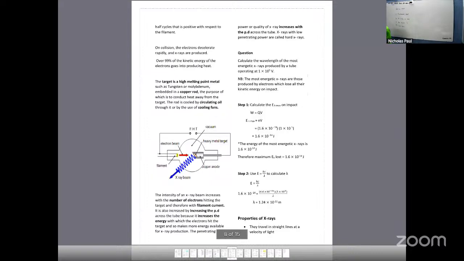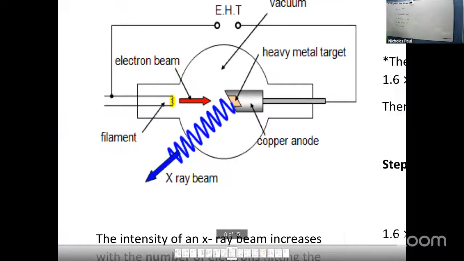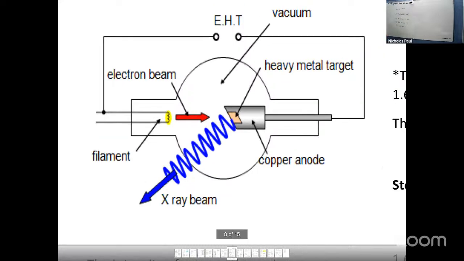Same diagram here. What is the blue thing coming out there? The X-rays. And the red thing? The electrons. And one of the things that's being produced a lot here in these experiments is heat. So that's why they have those copper anodes, pulling it out.